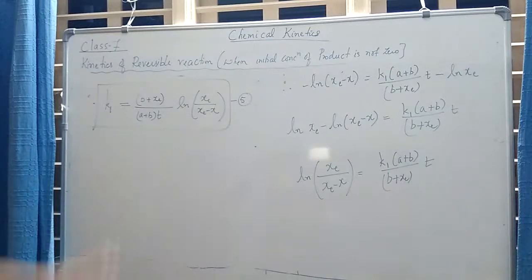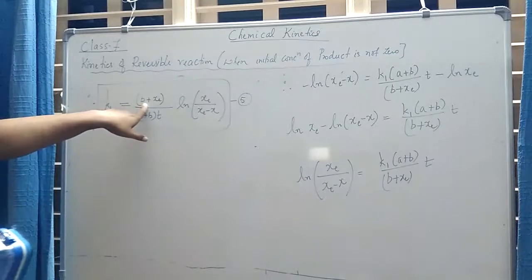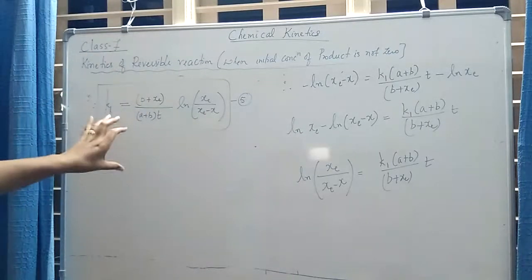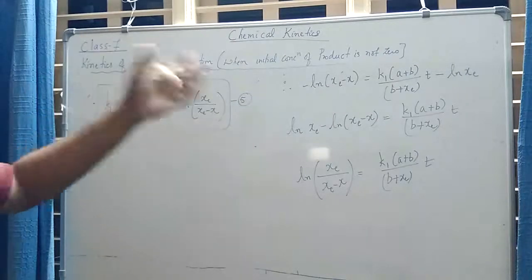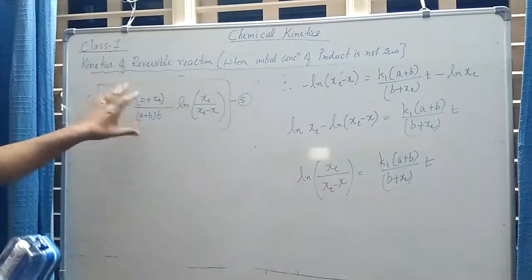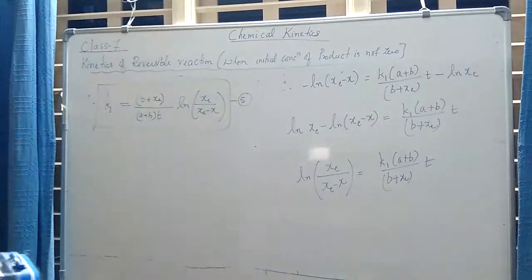If the initial concentration of the product was equal to 0, that is, if I substitute b is equal to 0, this expression for k1 reduces to the same expression that we derived in case 1, where the initial concentration of the product is 0. So this equation is consistent with the equation that we derived in our previous video.